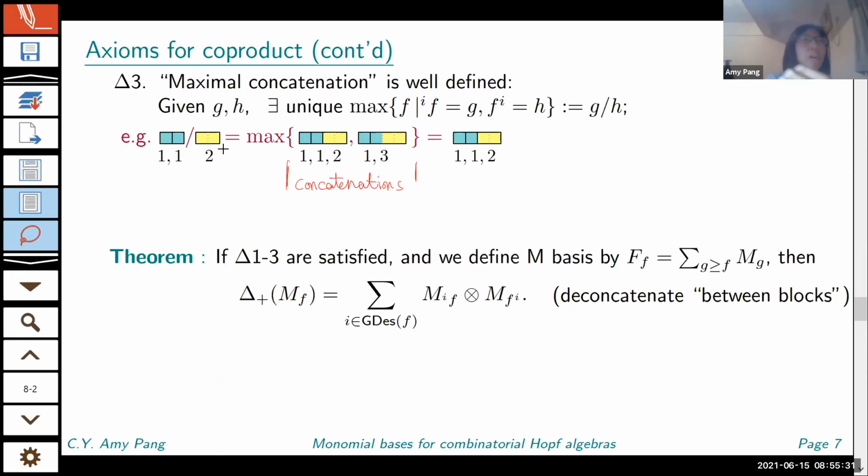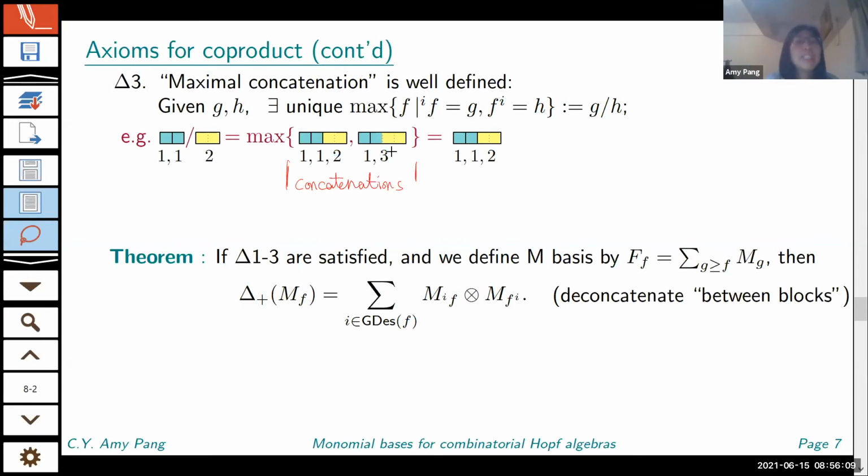So if you do whatever defines your co-product in the fundamental basis, do this to your objects, and it results in these two pieces. Here there are only two possibilities because the only thing you can decide is whether you have a division in between the two parts or not. You can divide there or not divide there, because you can tell where all the other divisions are from the two pieces.